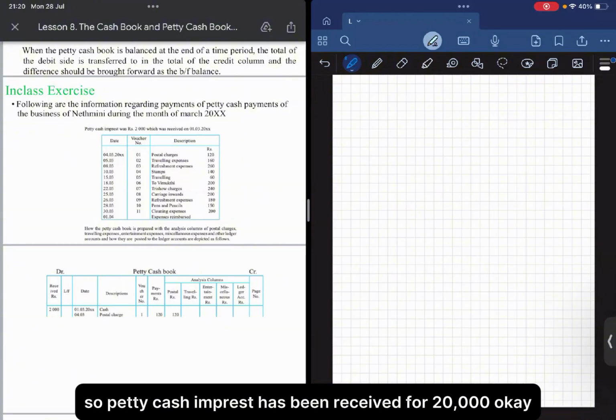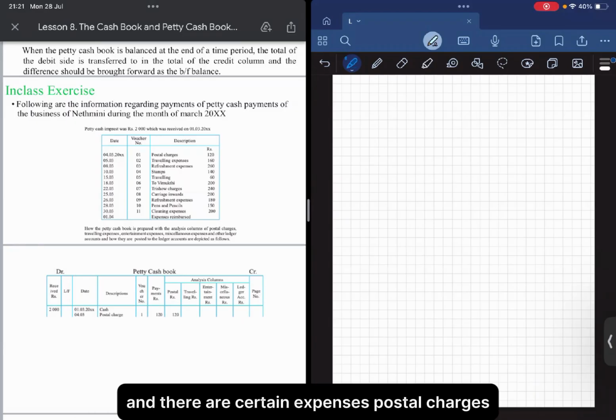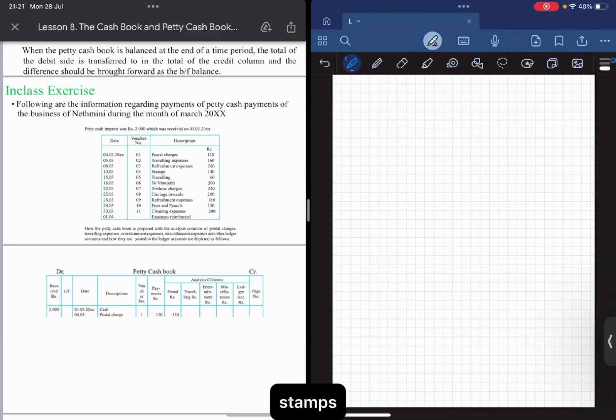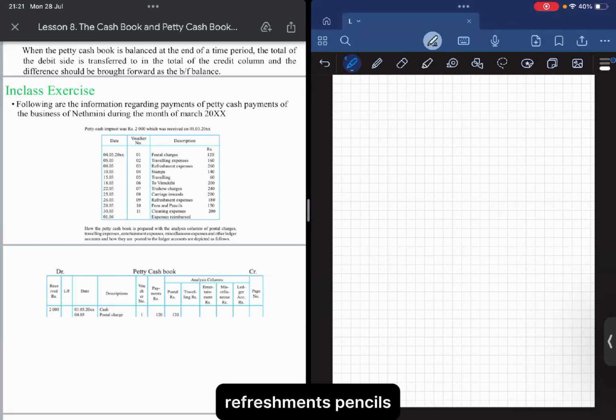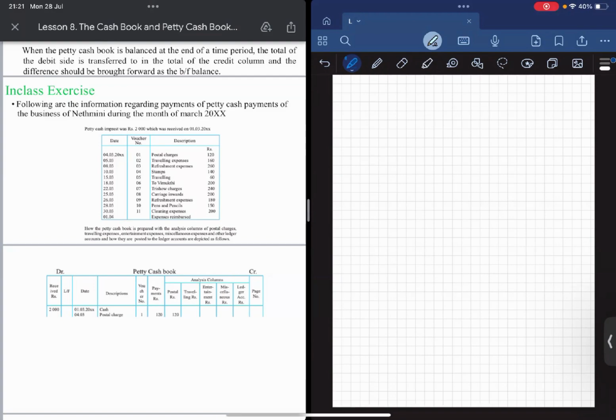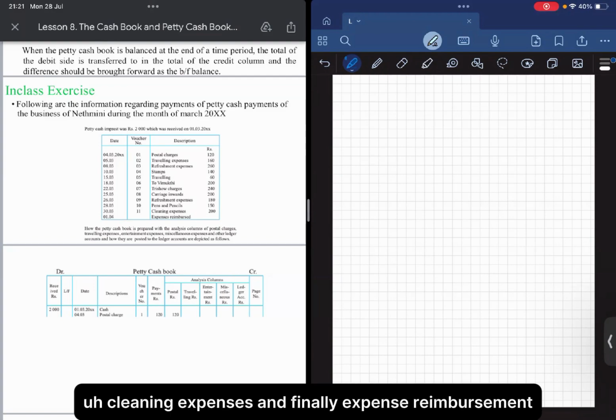There are certain expenses: postal charges, traveling expenses, refreshment expenses, stamps, carriage inwards, pencils, cleaning expenses, and finally expense reimbursement.